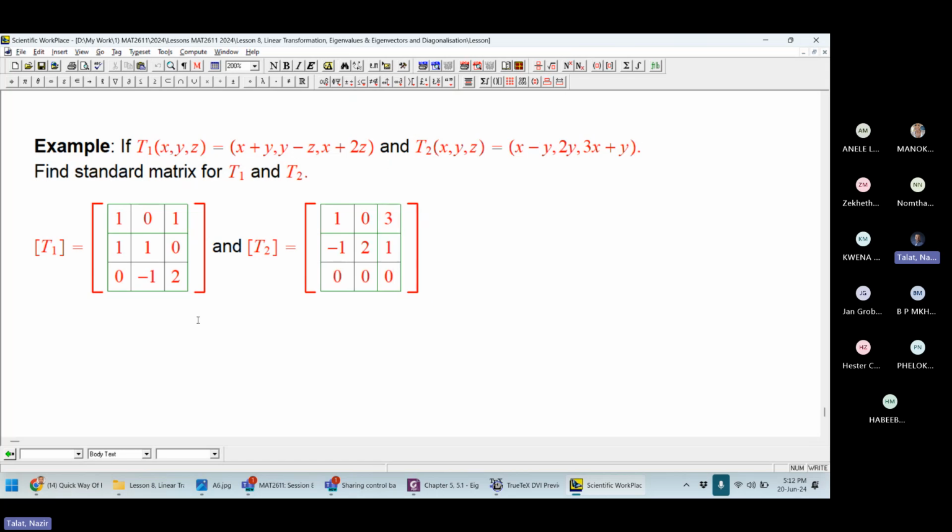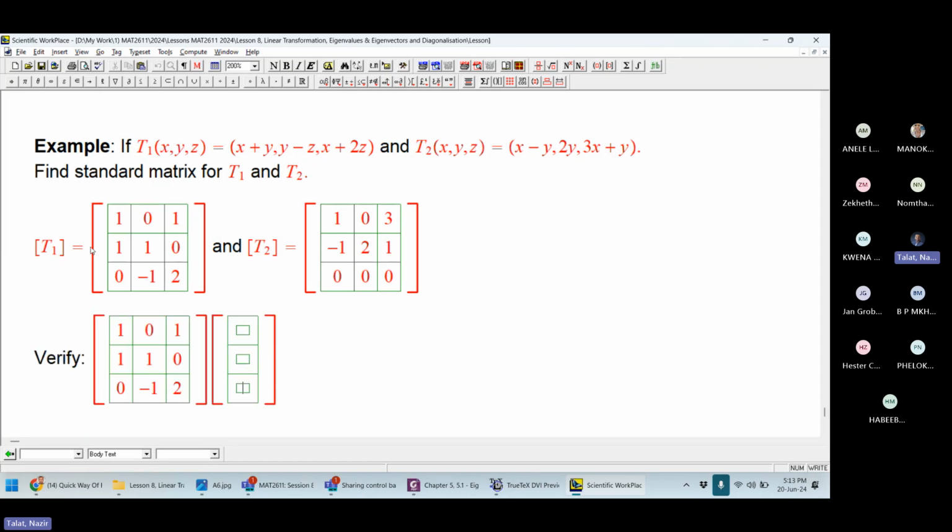And you can check it. I'm just saying, verify for yourself that if you multiply this with any x, y, z, will it come to the same answer as this one or not in a column form?